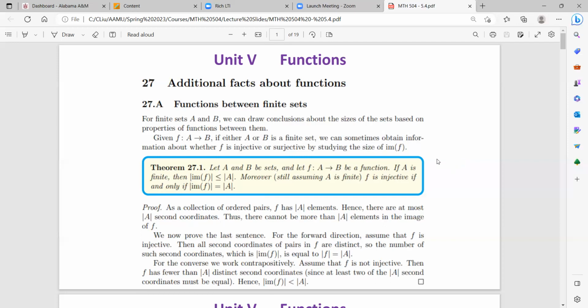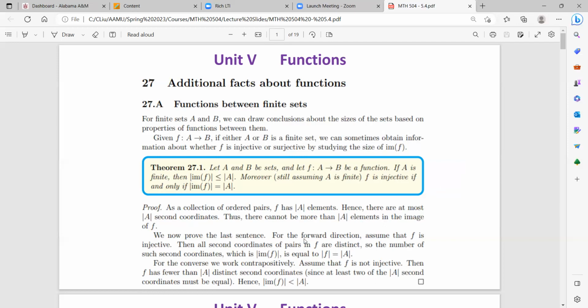Each element in the domain of f maps to a distinct element in the codomain. So you're going to have the same number of images, or second coordinates, as the size of the domain of the function. Okay, because it's one-to-one.